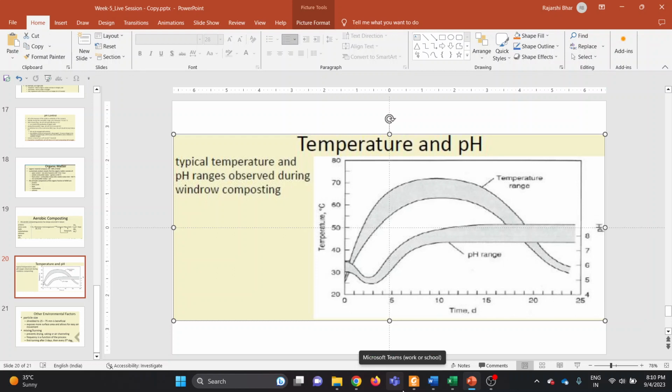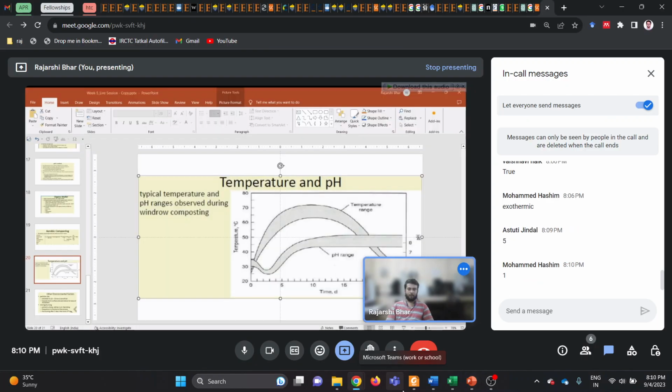In the question it is stated that the temperature is usually maximum between 5 to 15 days of indoor composting, and the reasoning given is that pH is usually stable between 7.5 and 8.5 during the initial phases. So now which one do you think is the correct answer? Please give it a thought. Neither option 5 nor option 1 is correct. If you carefully look at the figure, you can understand.